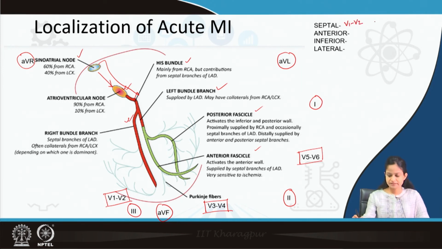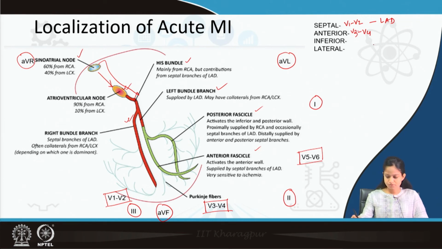This is definitely the left anterior descending artery location, as we can see the septal portion is looking at the left anterior descending artery. The anterior leads are V3 and V4 mainly.